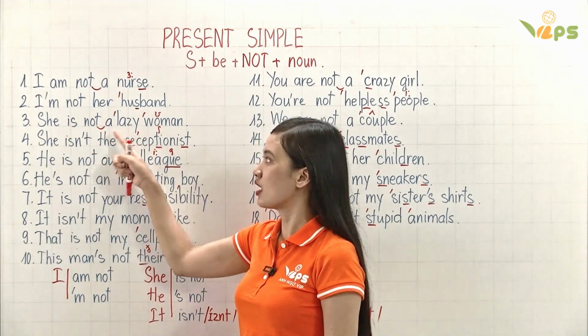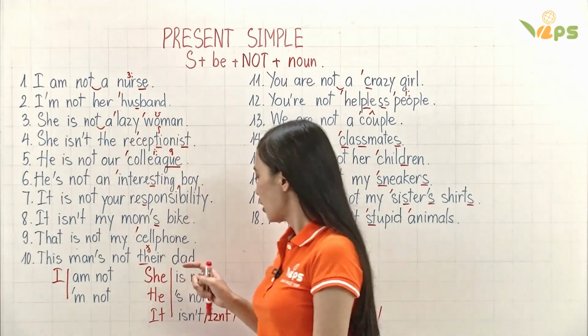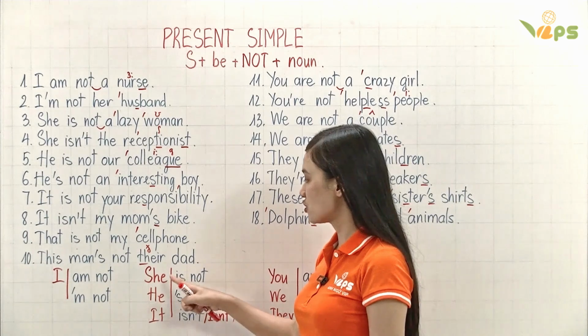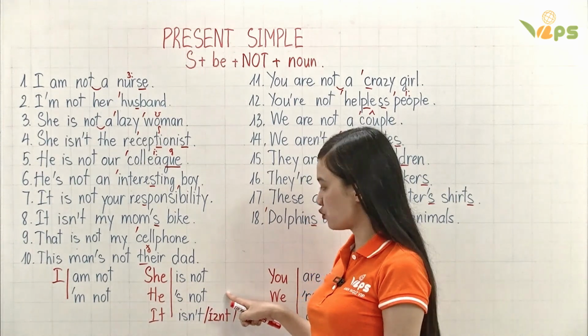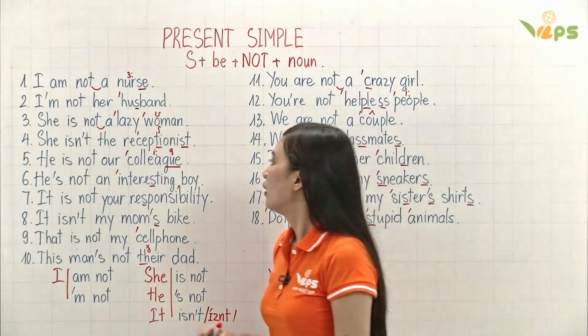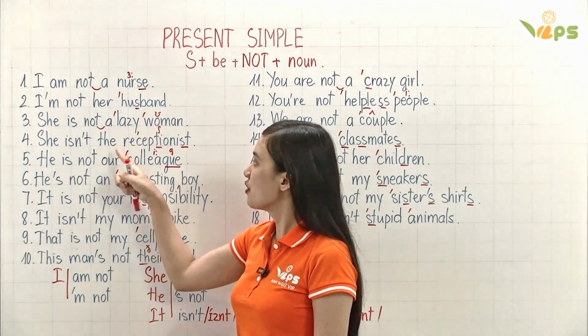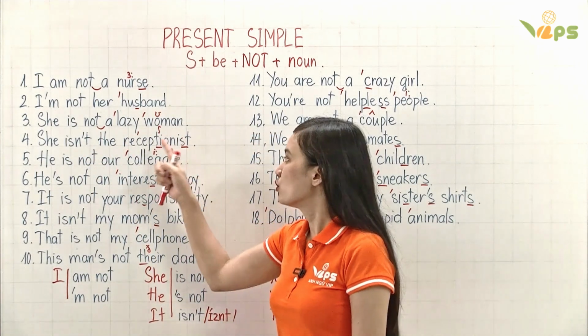She is not a lazy woman. She is not. Or you can say, she's not a lazy woman. Or she isn't a lazy woman. For number four, she isn't the receptionist.